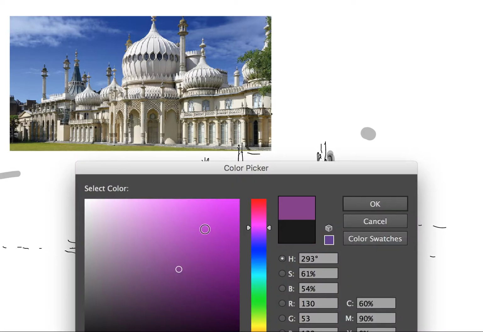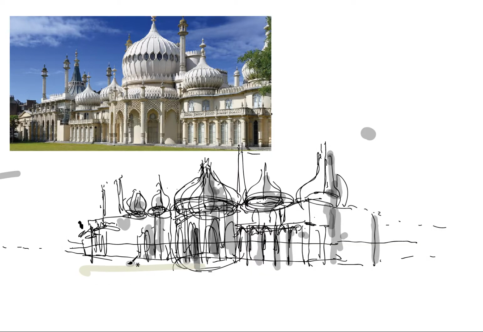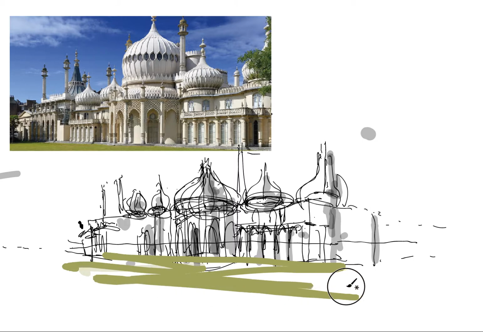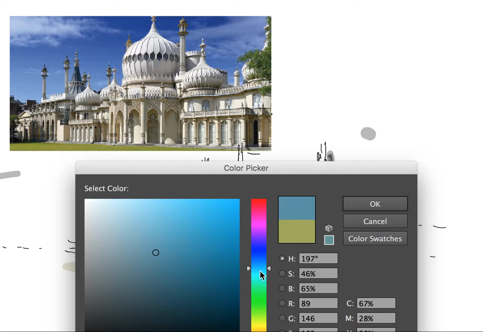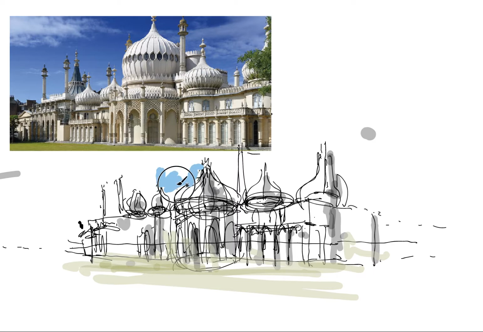We could, if we wish to, add a small amount of colour, to give us some kind of sense of a context. But obviously what we've done is we've drawn a sort of quick understanding of the object in space.